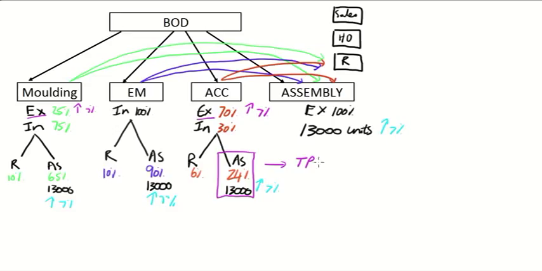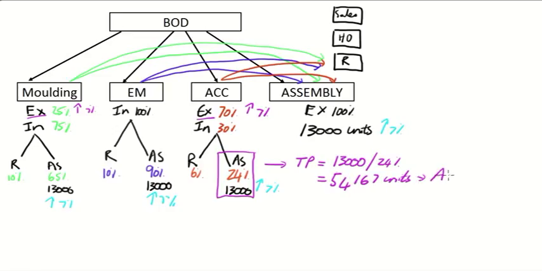Total production is equal to 13,000 divided by 24%. If we did those calculations quickly, you get total production is equal to 54,167 units. This is the total production of our assembly or our accessories division.